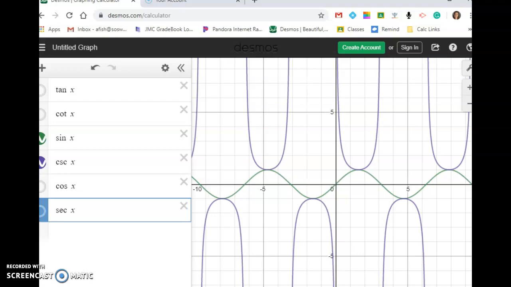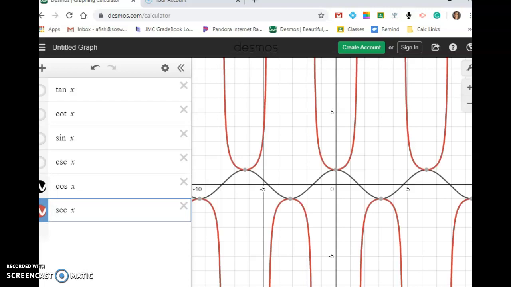Notice they are connected at the minimums or maximums of the cosecant, and that happens to match up with the waves of our sine function. You do have every now and then some vertical asymptotes, and that just happens to occur wherever the sine value equals 0. Again, that makes sense because it's the reciprocal, so you'd have 1 over x.